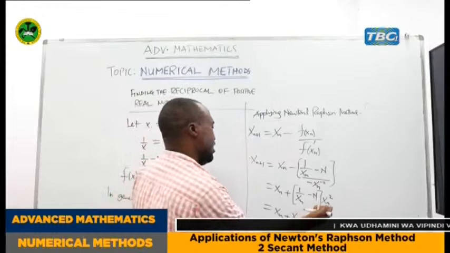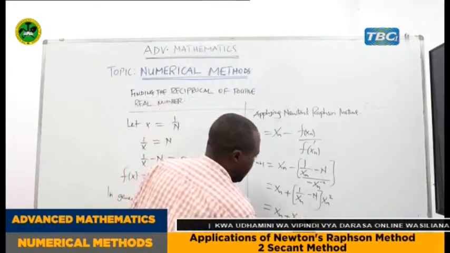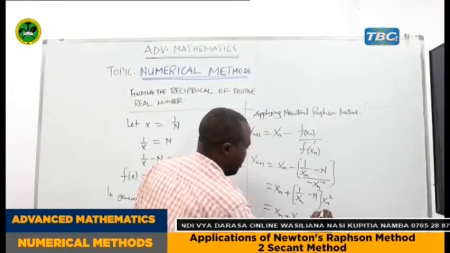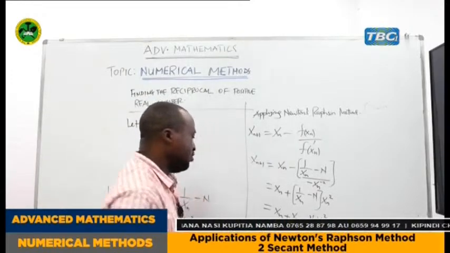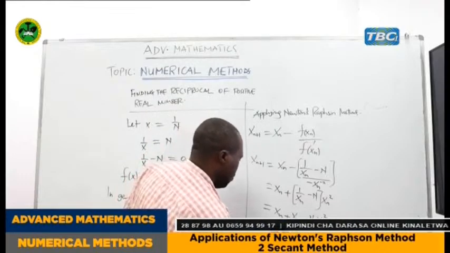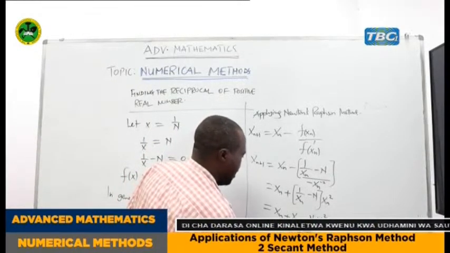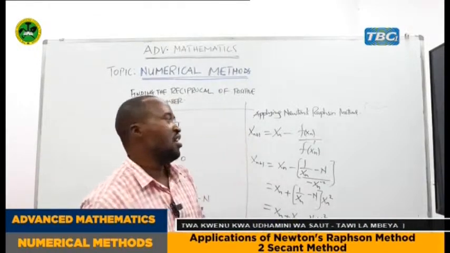Then again, xn squared times negative n, that is negative n xn squared. So here we are going to have xn plus xn, which is 2 xn minus n xn squared.